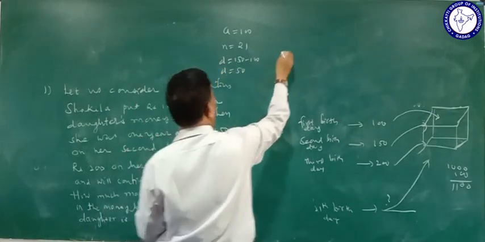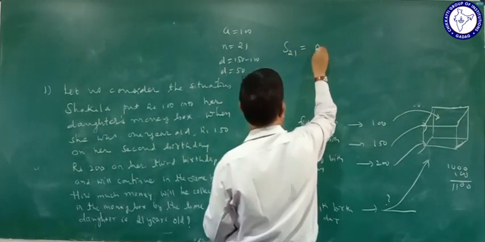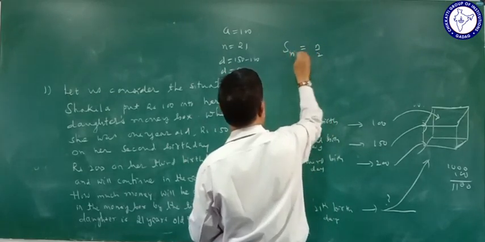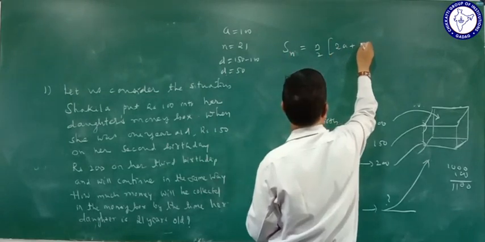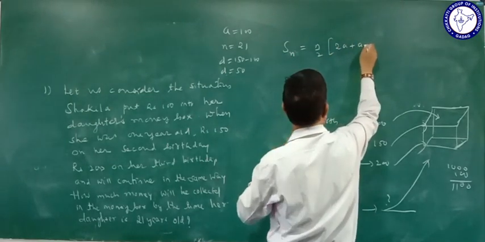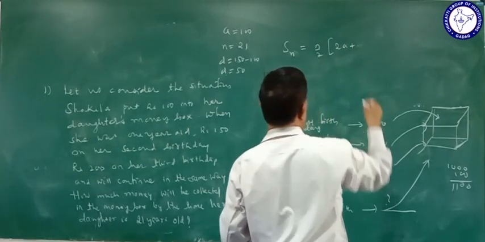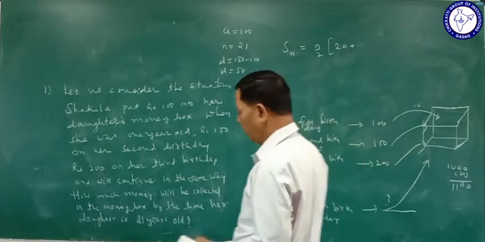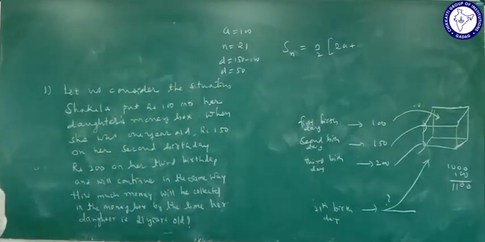So see, what is the sum of 21 terms, and what is the formula? The first formula you write is n by 2 into bracket 2a plus, you have proved the nth term formula, and accordingly you can write the formula.